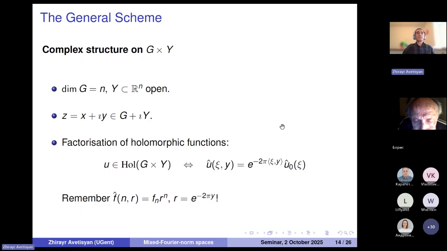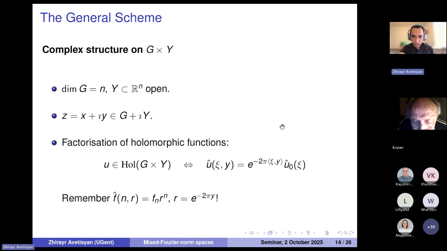So a distribution on G cross Y is holomorphic with respect to this complex structure if and only if its half Fourier transform factorizes in the following way. The Y dependence, the dependence upon the coordinate in the irrelevant direction, is fixed.